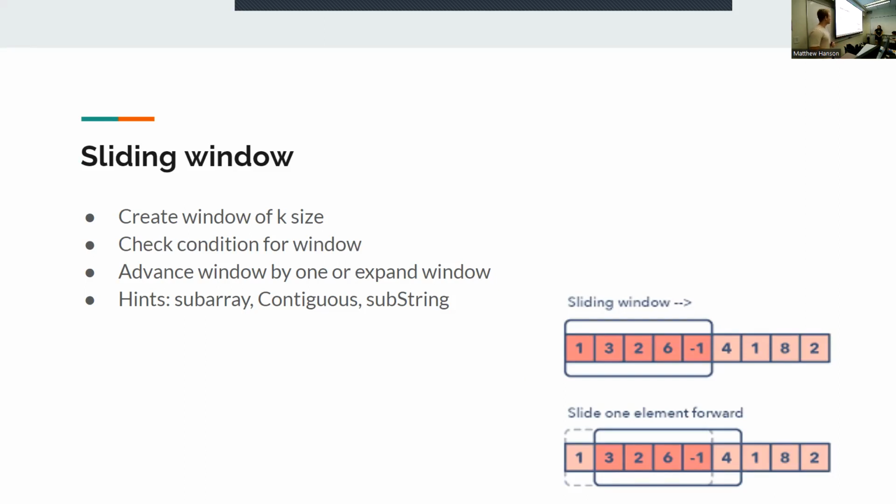There are certain problems this is helpful for, like subarray, contiguous array, and substring problems. You create a window, check a certain condition, and either advance, expand, or compress the window.